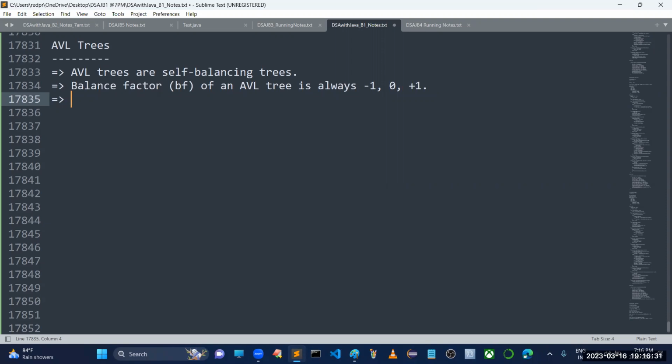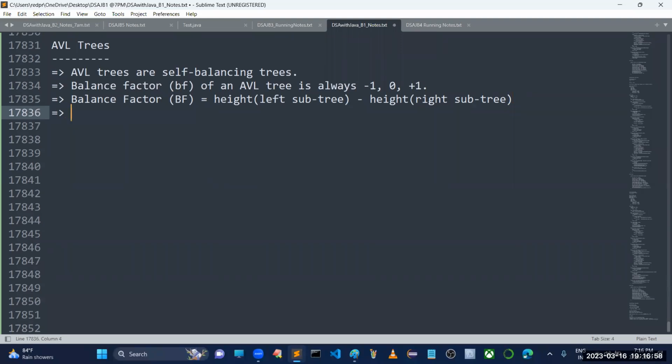Sir, what is meant by this balance factor? How are we going to calculate it? BF is equal to the height of left subtree minus the height of right subtree. If you calculate the height of left subtree and height of right subtree, that value is the balance factor.